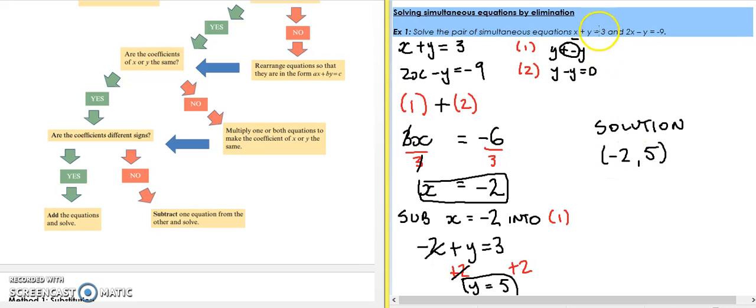When you substitute these values into both of these equations, they will be correct. Specifically with this one, 2 times negative 2, which is negative 4, then take away another 5. So negative 4 take away 5 will give us negative 9. So this is correct.